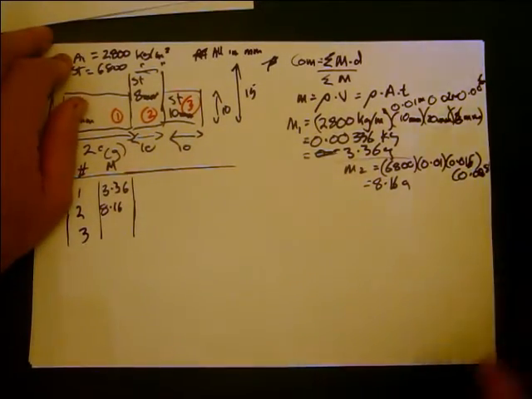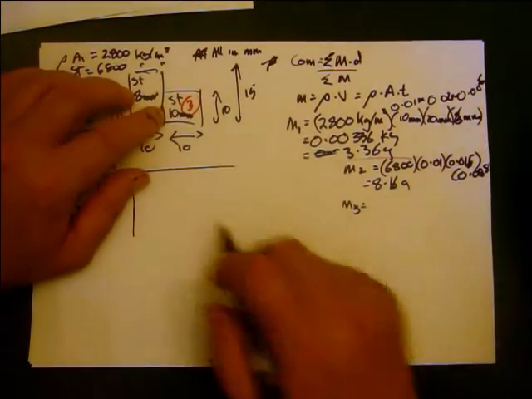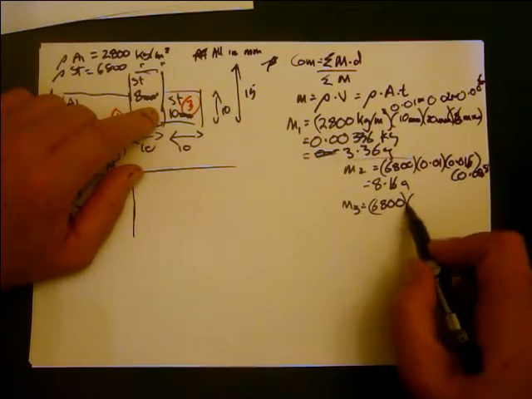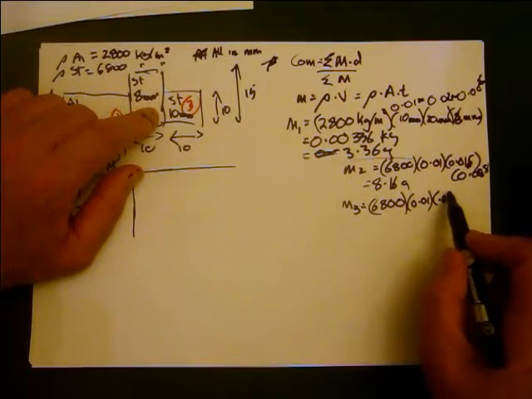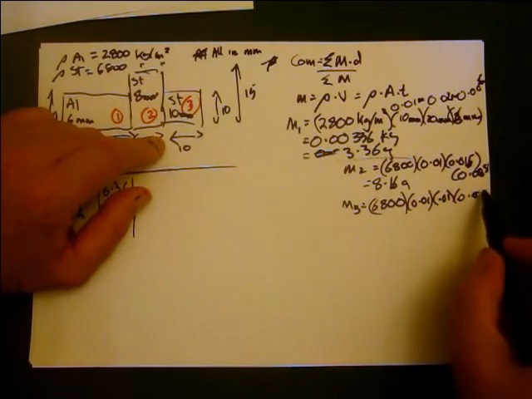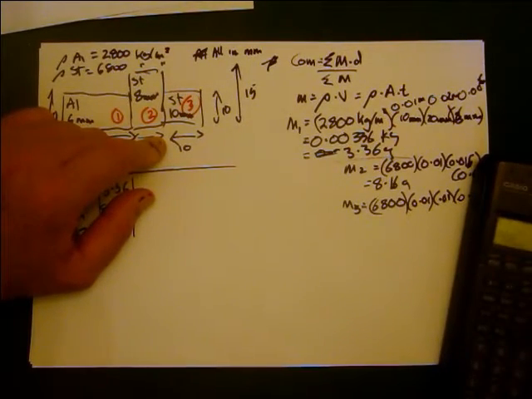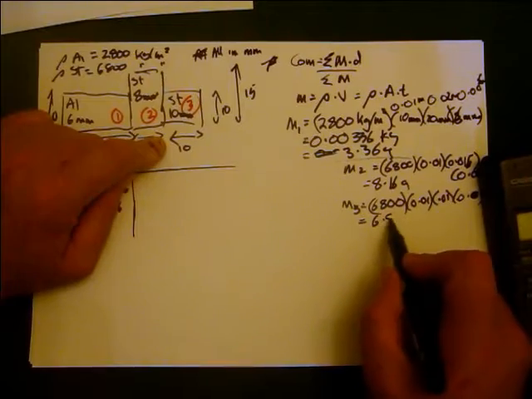Mass 3 is steel again: 6,800 times 0.01 times 0.01 times 0.01, which is 0.01 cubed times 6,800, equals, strangely enough, 6.8 grams.